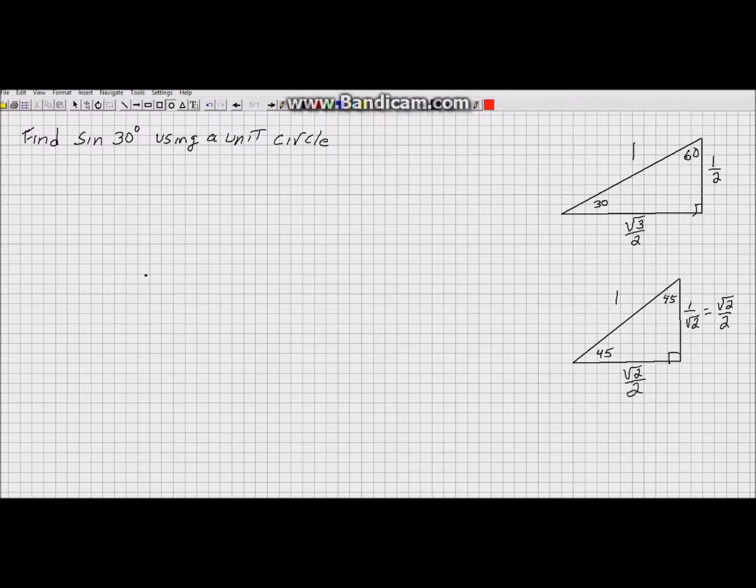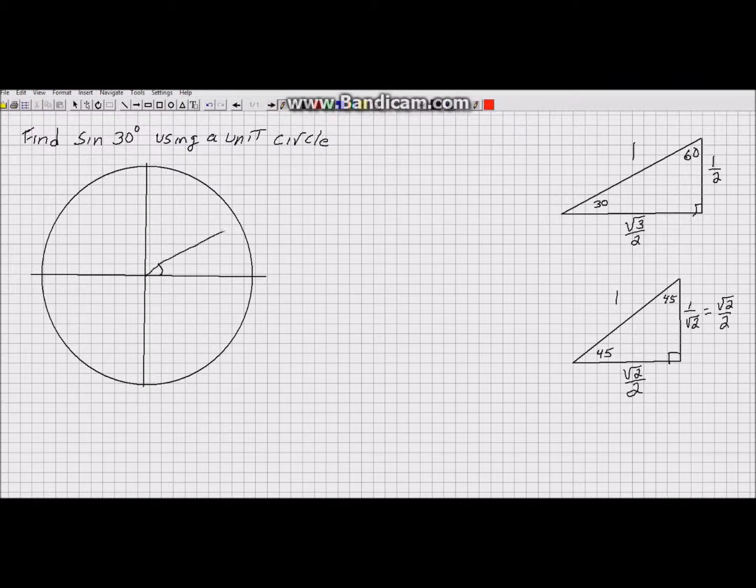So I create a circle with a radius of 1 unit, and I drop in my x and y axes, and I'm trying to find the sine of 30 degrees. So from the positive x-axis I go up about 30 degrees, draw a radial line with a length of 1, drop a perpendicular, and I make a 30, 60, 90 triangle out of it.